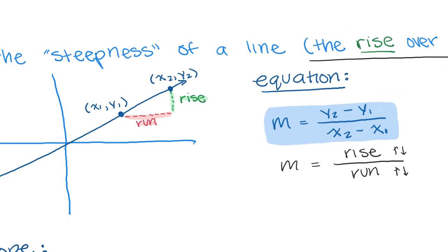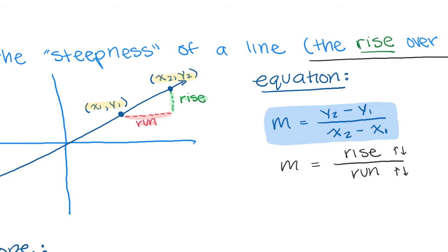So you can see based off of this equation, we have two different coordinates that we are basing our calculations for slope off of. We have the x1, y1 coordinate, which is right here. Okay, x1, y1, and then we have the x2, y2.